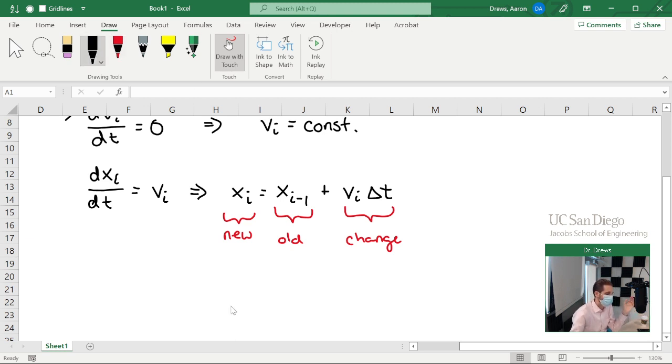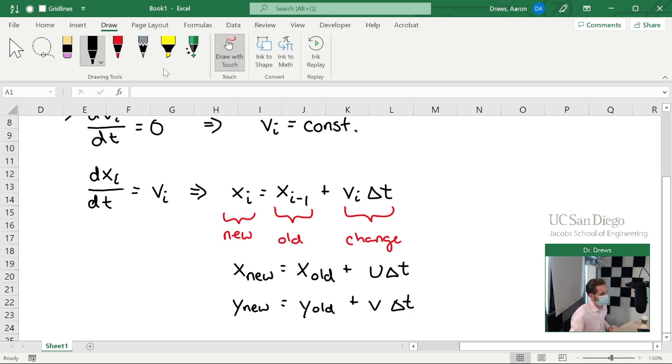The way that we're going to write this, because we've written it this way before, is that x new is equal to x old plus a velocity times time difference. So we're going to call this velocity u. I'm going to change the symbols here really quick, because we also need one for the y direction. So y new is going to be y old plus v times delta t.